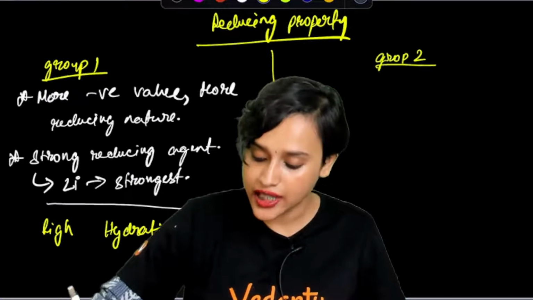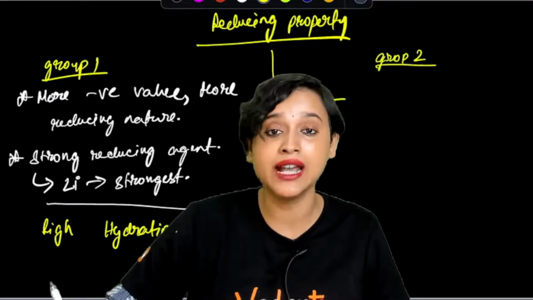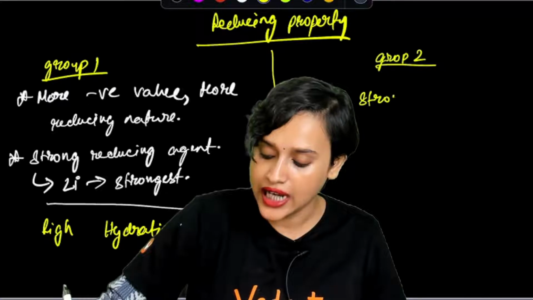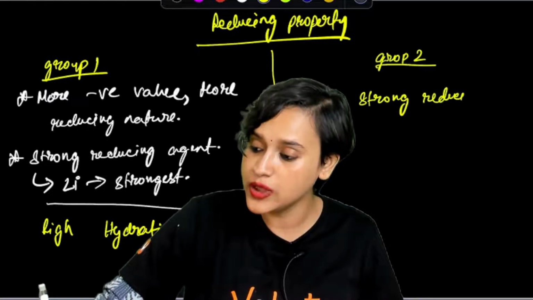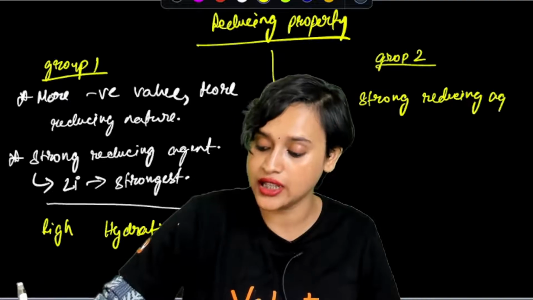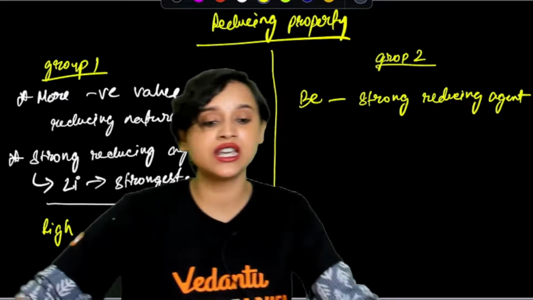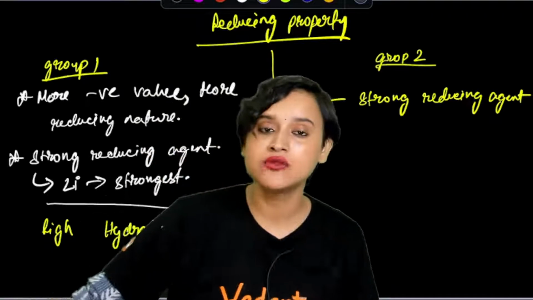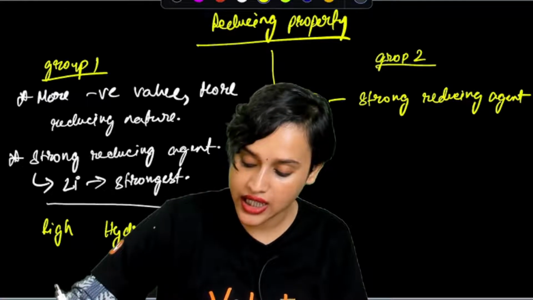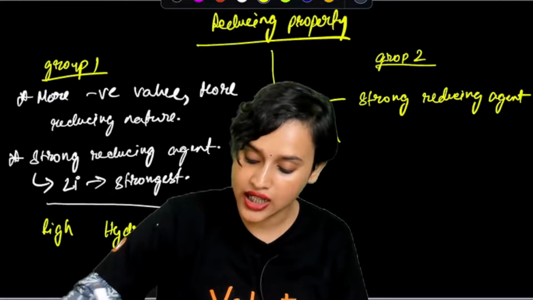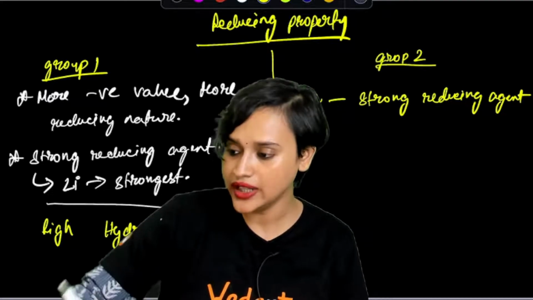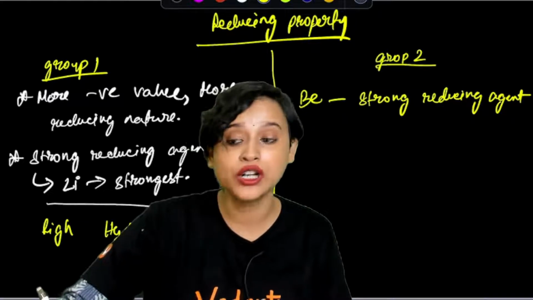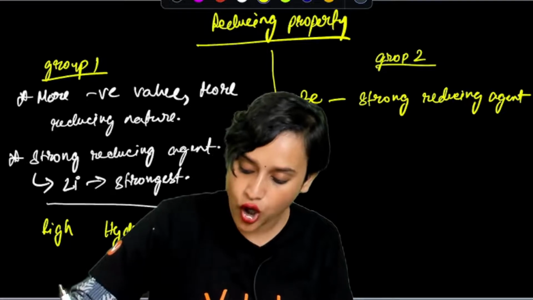Similarly, in case of group 2, beryllium will be a very strong reducing agent. And why will beryllium be a strong reducing agent? Once again, it will have high hydration energy, or we can write small size, so high hydration energy.